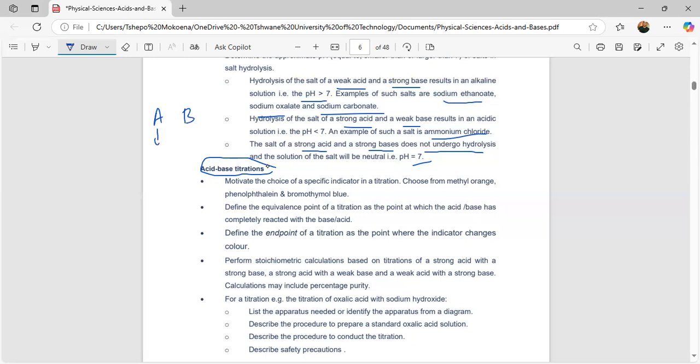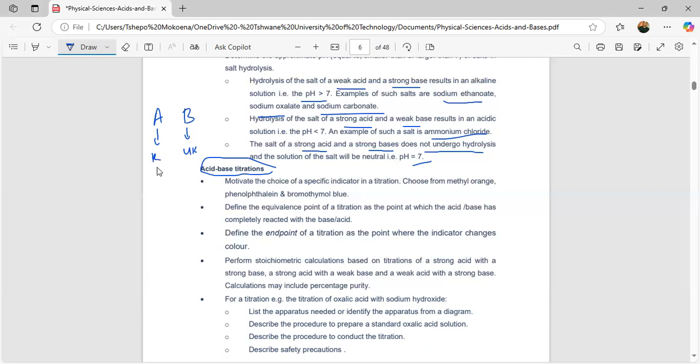Let's say for the acid we have a known concentration, but for the base we don't know its concentration, meaning its concentration is unknown. So in order for us to determine the concentration of the base, we're going to have to perform what we call titration. The substance with the known concentration, we call a standard solution.